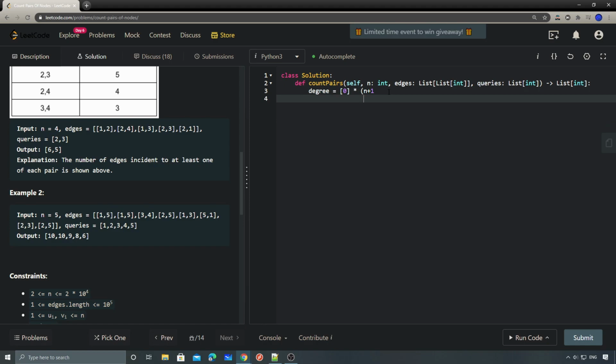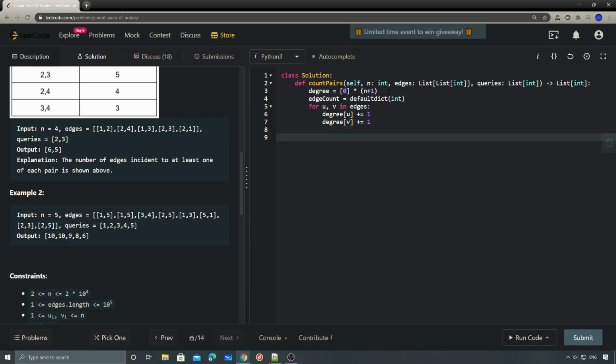And then I'm going to have the edge count for any nodes. And then we're gonna have a u and v here, in edges, right? So we're gonna build that, right? Degree of u increased by 1, and degree of v is gonna increase by 1.